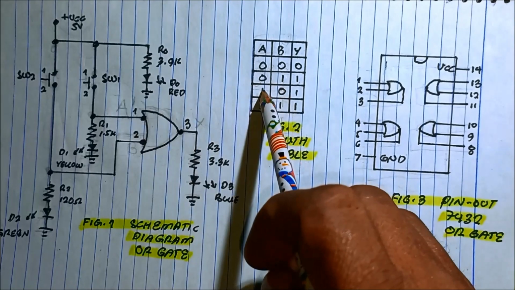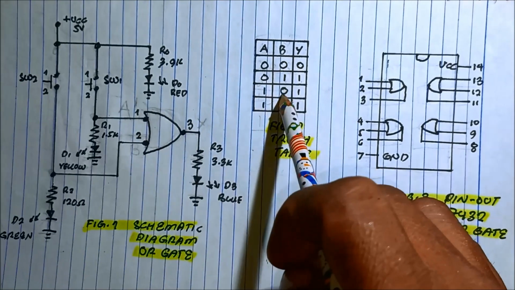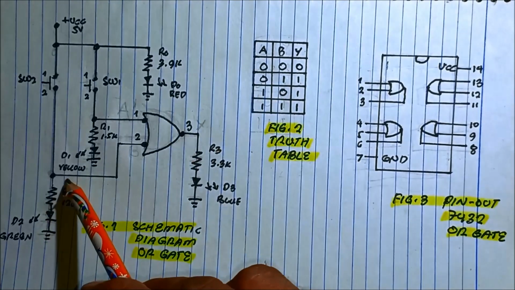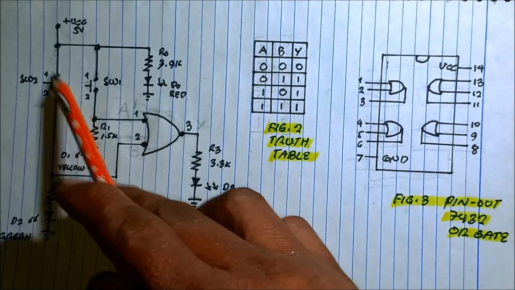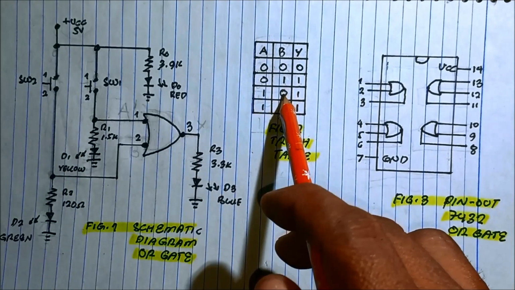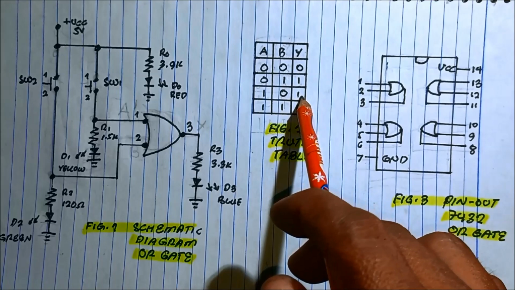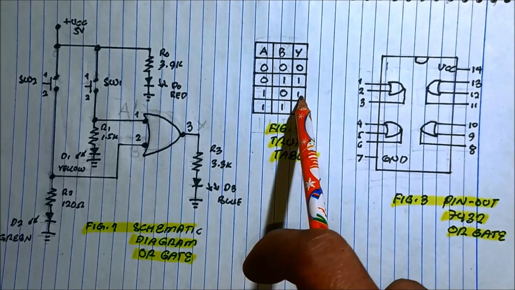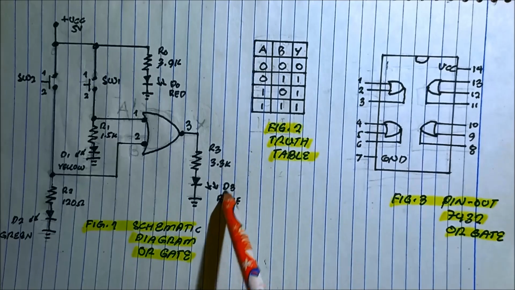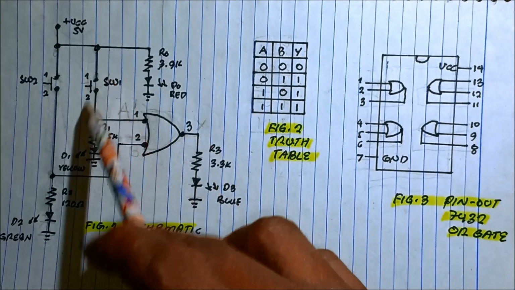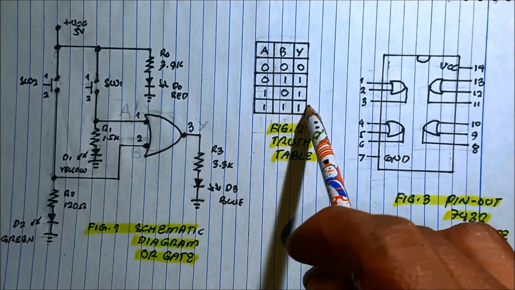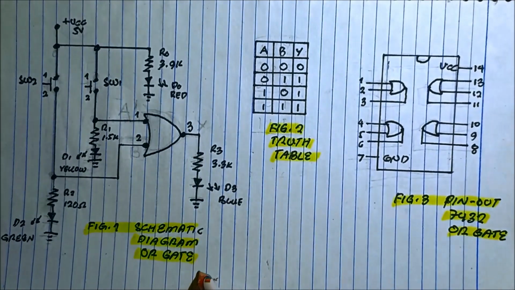And then we have the other input switch at 0. It means it is grounded. We did not press the switch. The output will be 1, or it will turn on the output. The blue LED turns on because we're having a 1 input. And then if we both press the switch, it will turn on the output.